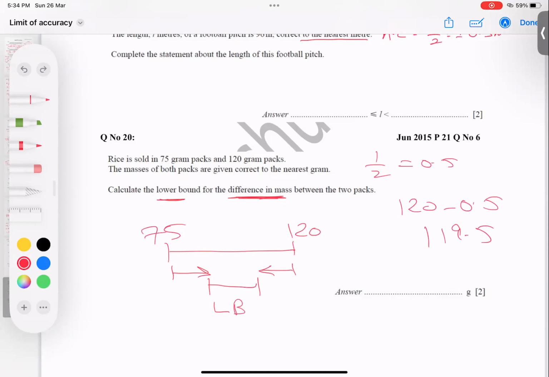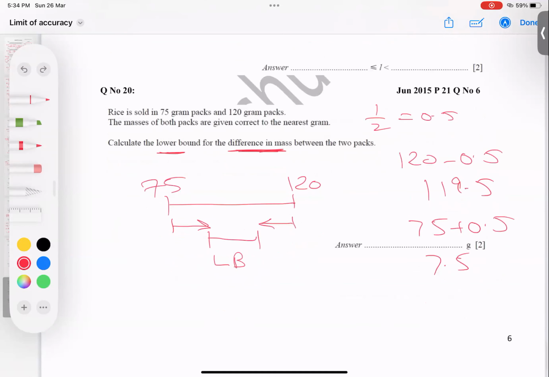And from 75, add. Why? You can ask, why add, sir? Why add and why subtract there, sir? Because from this value, I want to reduce slightly, and from this value, I want to increase the value slightly. So that is why the difference comes as 119.5 minus 7.5. I think you got the lower bound difference.